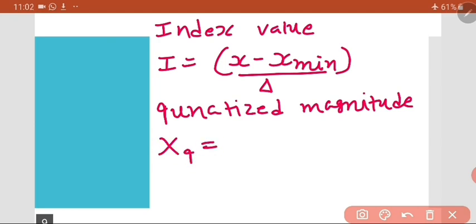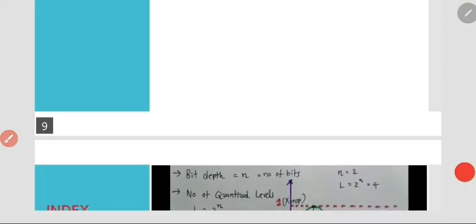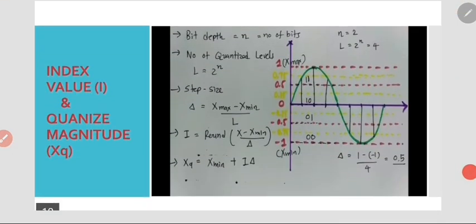So xq is equal to x min plus I into delta, where I is the index value. These two terms are very important to convert the signal from analog to digital data. Now we move to the next slide so you can understand it better.